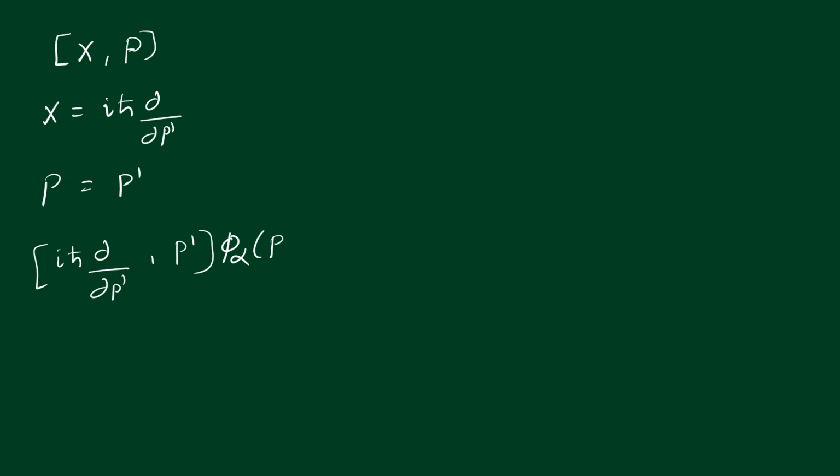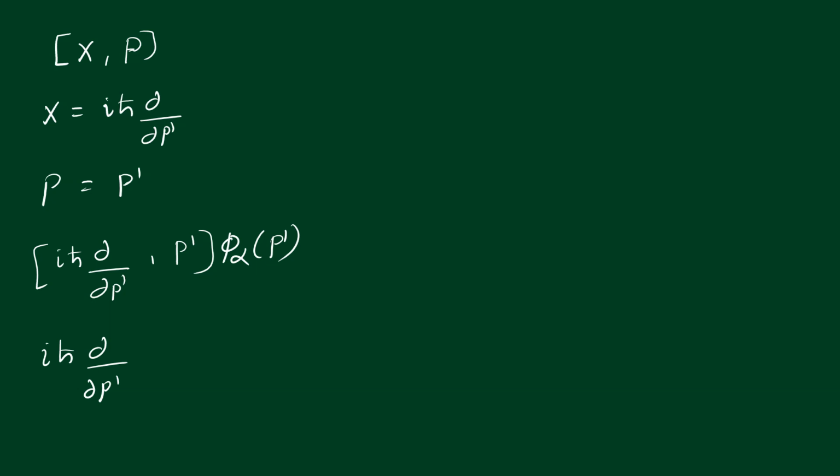So let me write this as phi alpha of p prime. Because we are defining operators by their actions on kets, in the momentum space these operators are basically defined by their action on the wave function. Here, it's a momentum space wave function. Now we can expand this using the definition of the commutator.